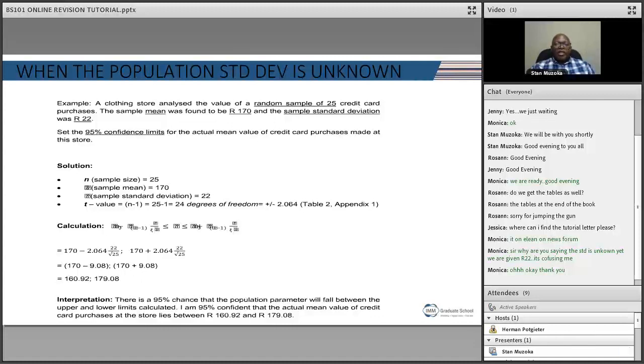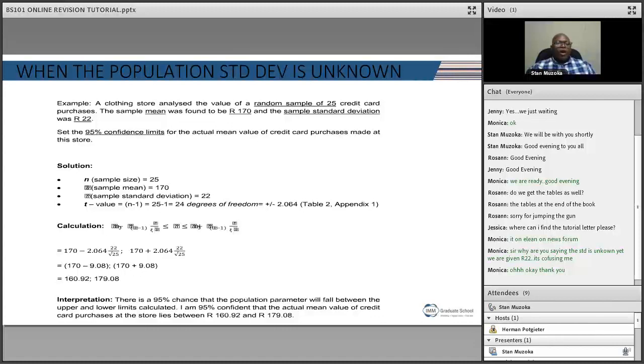You can see in the example there that sample standard deviation is underlined, and there we did underline the population standard deviation. And we are creating these limits at 95% level of confidence.